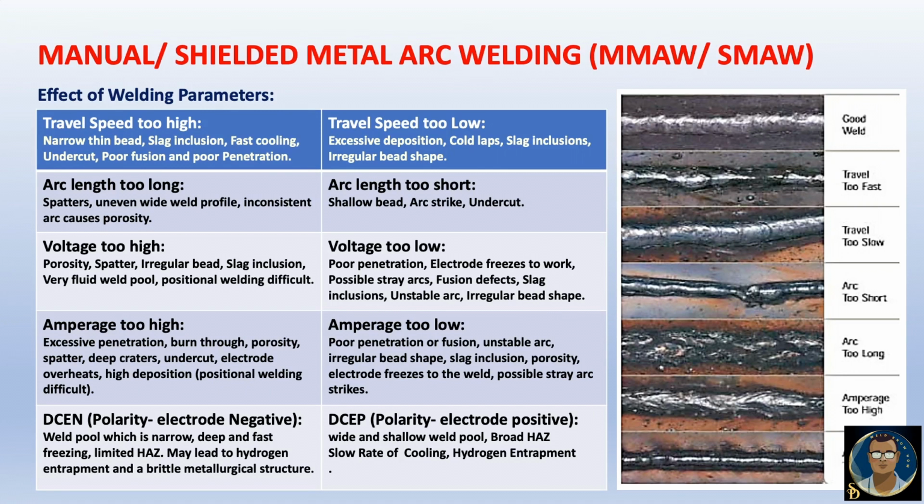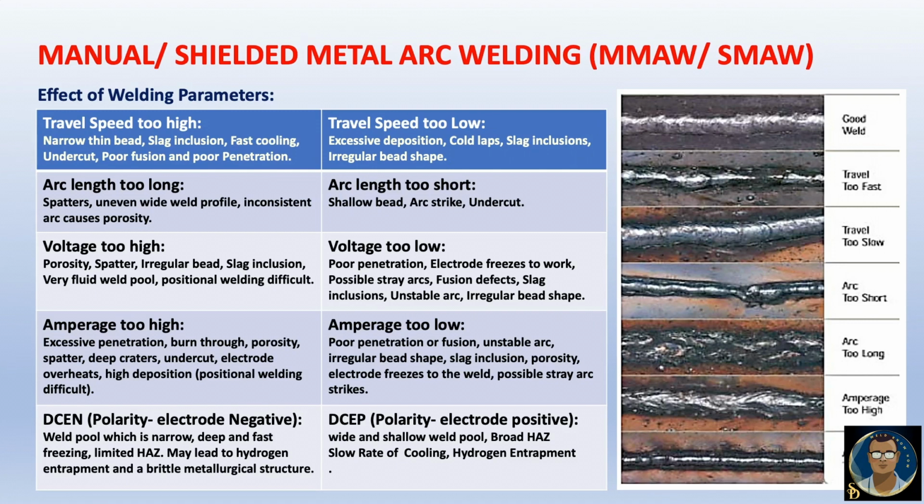Since it is an extensively used welding procedure, there has been a lot of research, and from that research we have seen the effects of arc length too low or too short, voltage and amperage too high or too low, polarity negative or positive, travel speed fast or slow.